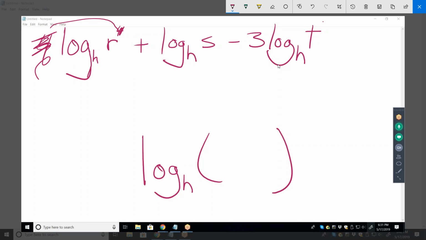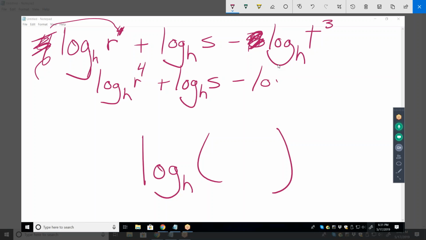Same thing. Now, here's what I got. I got log base h of r to the 4th plus log base h of s minus log base h of t to the 3rd.